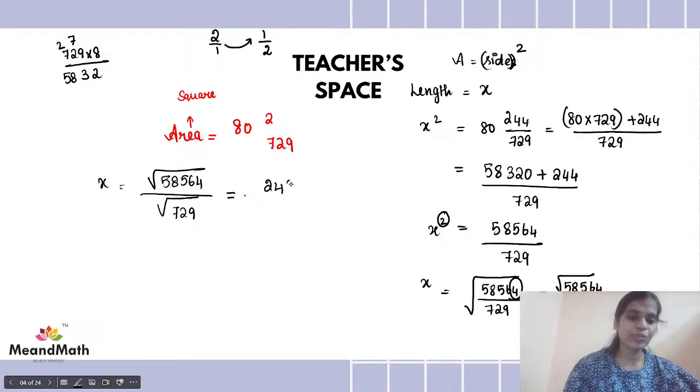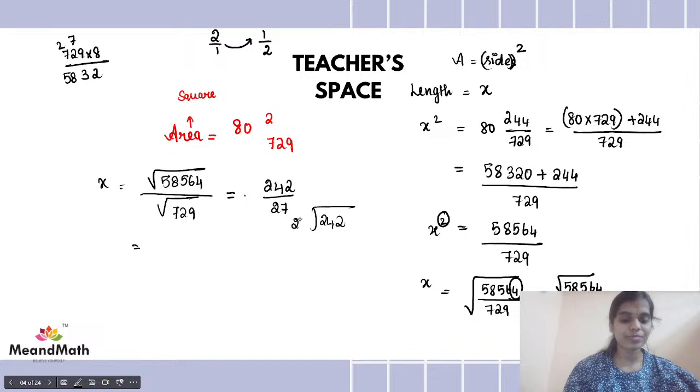That is 242 by 27. Okay, 27 multiplied 27 times is 729, and 242 multiplied by 242 is 58,564.